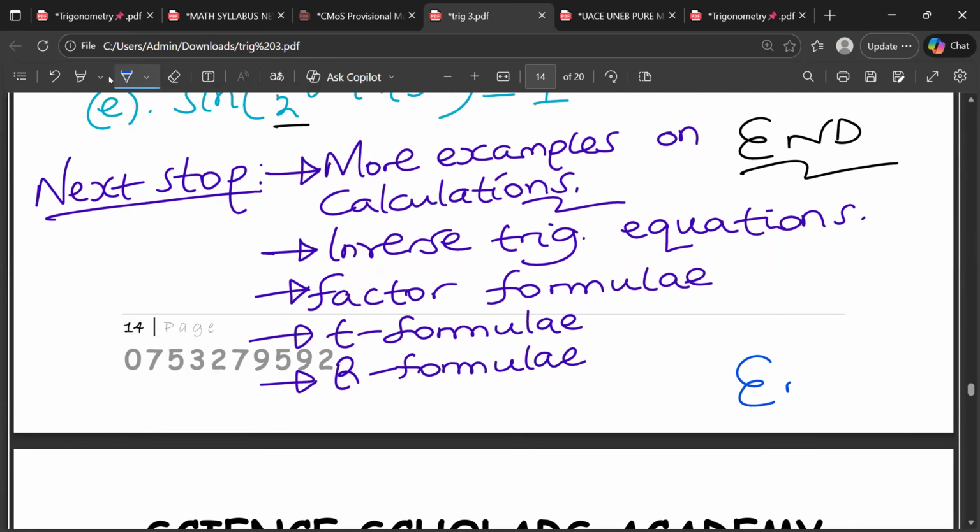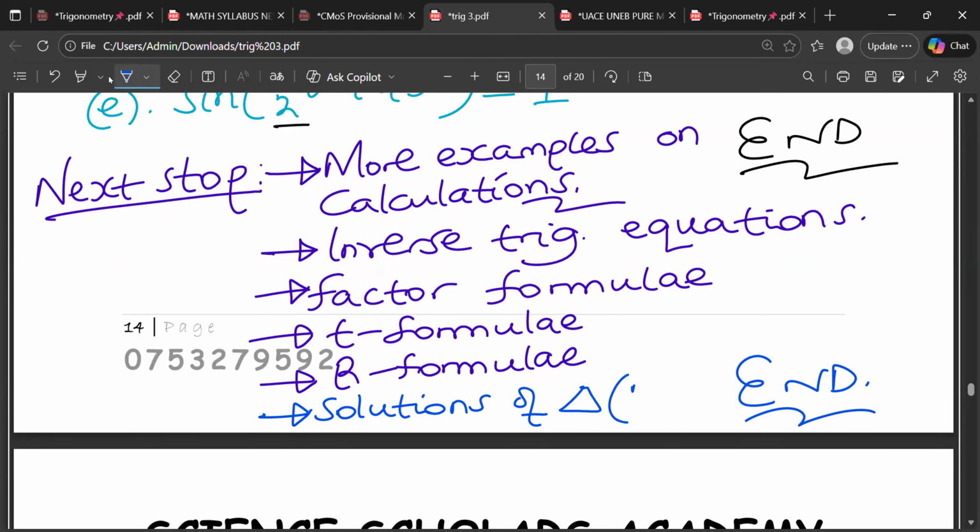That will be the end. We still have a long way to go. Solutions of a triangle will be next holiday, but maybe the day scholars, you will have it, maybe.